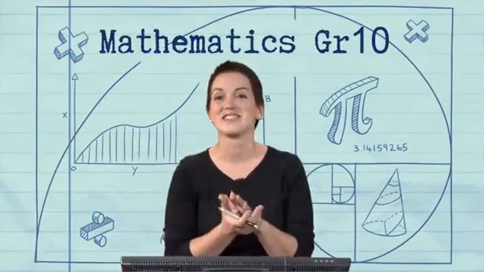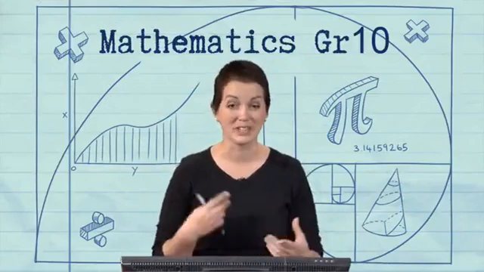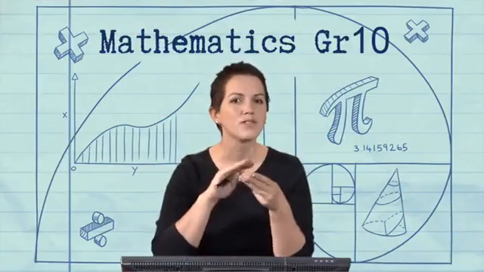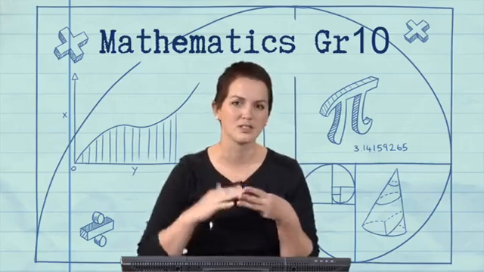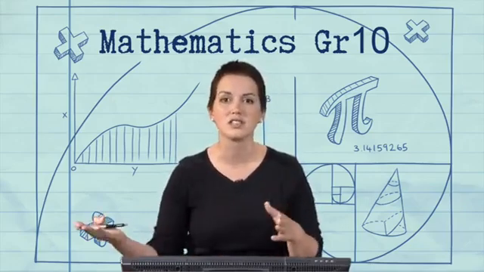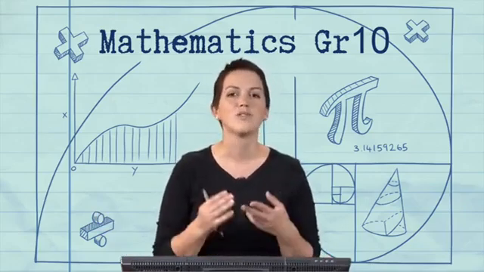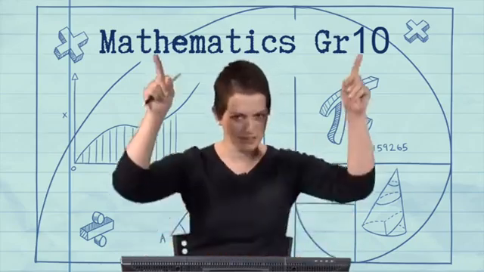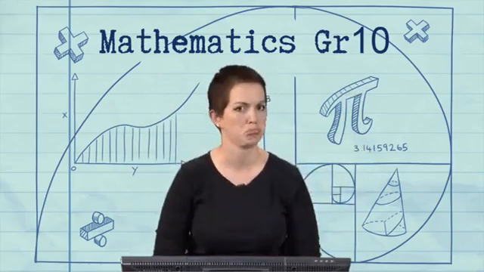Okay, grade 10s, I don't know about you, but this is actually making me quite tired. There's a lot of information that's coming at you right now. We've plotted 3 different shapes of graphs. We plotted a straight line graph, which is a result of a linear function. We plotted a parabola, which is the result of a quadratic function. Remember the smile or the frown?